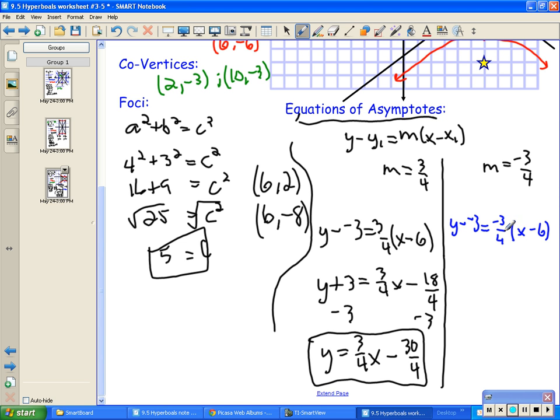So the nice thing about that center point, you can use it in both equations because it is on both lines. Okay, so we get y plus 3 equals negative 3/4 x plus 18/4.